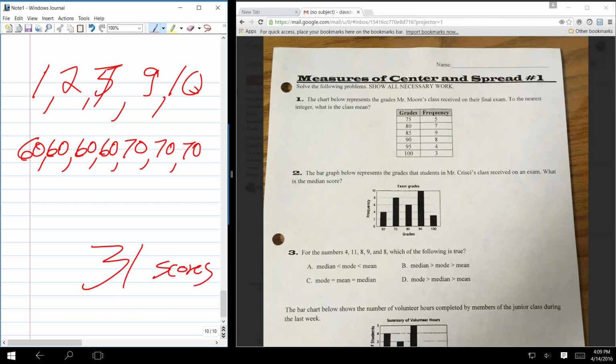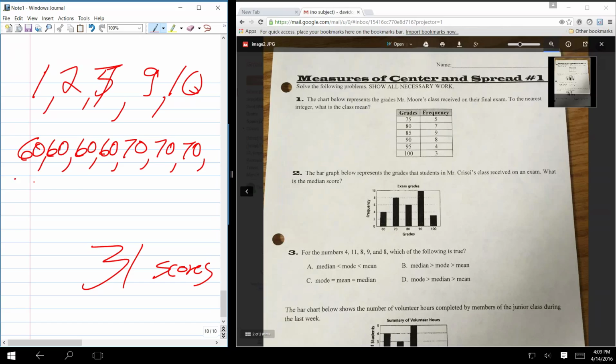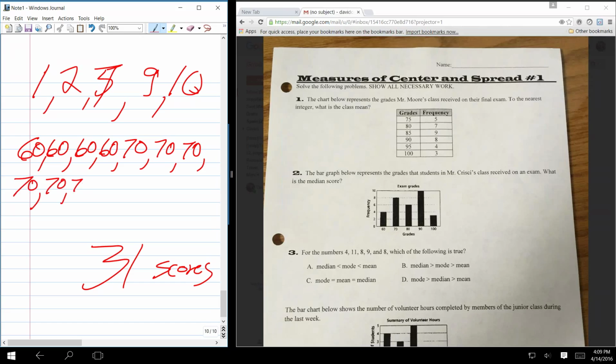So when I line them all up, which one will be the median? The 16th score that's listed. Now, notice I didn't finish listing this. There were 8 70s, so I still need 5 more 70s. And there were 6 80s.